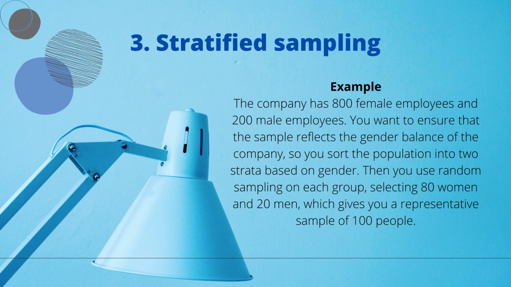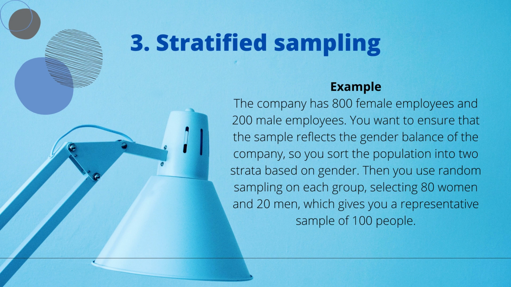Stratified sampling. A stratified sampling involves dividing the population into subpopulations that may differ in important ways. It allows you to draw more precise conclusions by ensuring that every subgroup is properly represented in the sample.